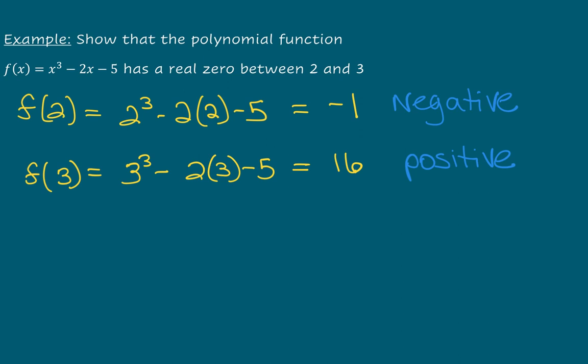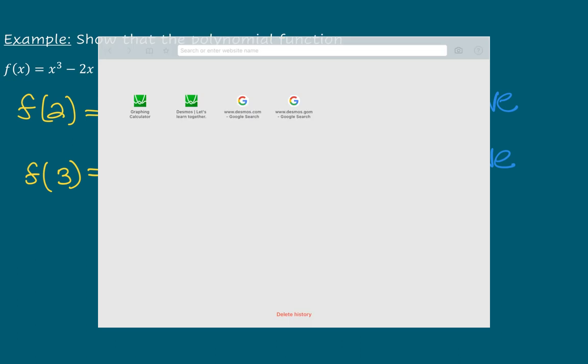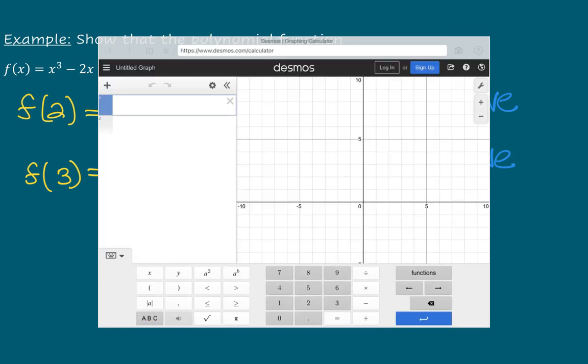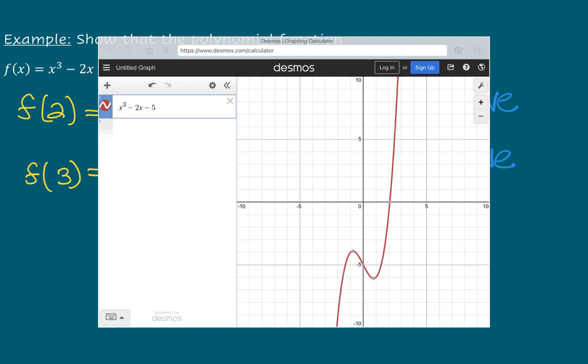So I'm going to go ahead and open up my graphing browser here. And I'm going to graph. And you don't have to do this step. I just like to because I like to see what the graph looks like sometimes. I have x cubed minus 2x minus 5. And because this is between 2 and 3, I'm going to zoom right in here and see there's my root.